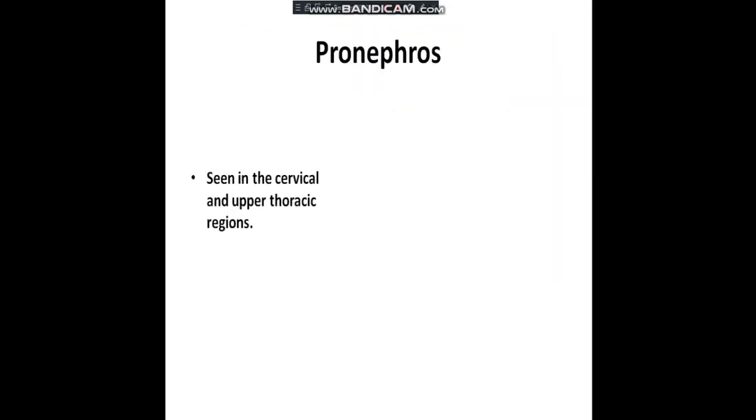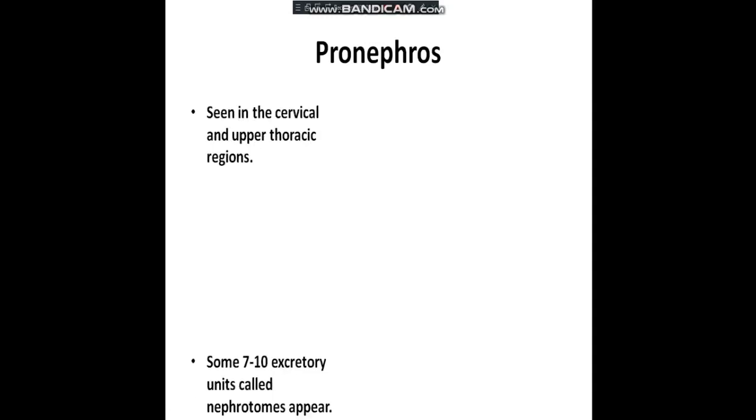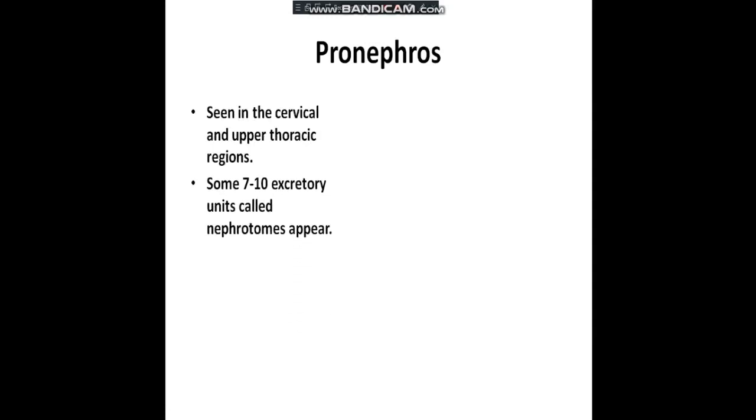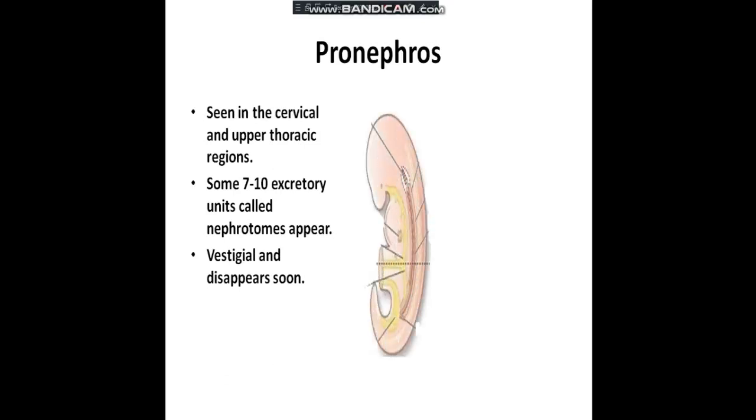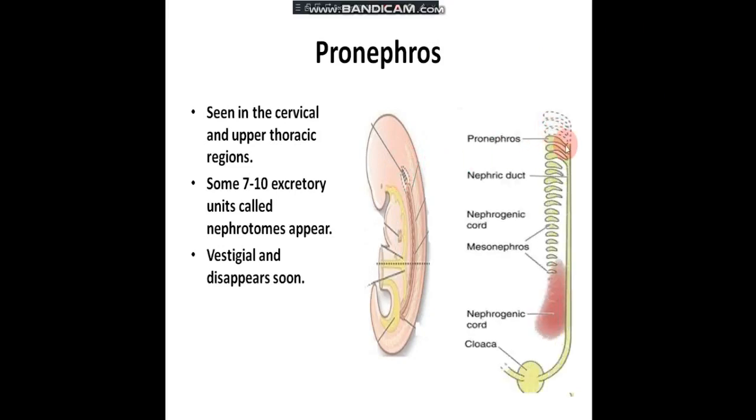The pronephros, seen in the cervical and upper thoracic regions, forms 7 to 10 excretory units called nephrotomes, which disappear immediately. It is vestigial and soon disappears. So this is the pronephros over here. We can see the different parts of this intermediate mesoderm: the pronephros, the mesonephros, and the metanephros. The pronephros disappears earlier.